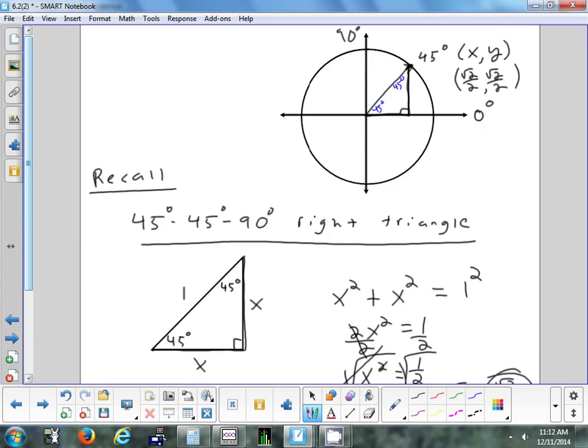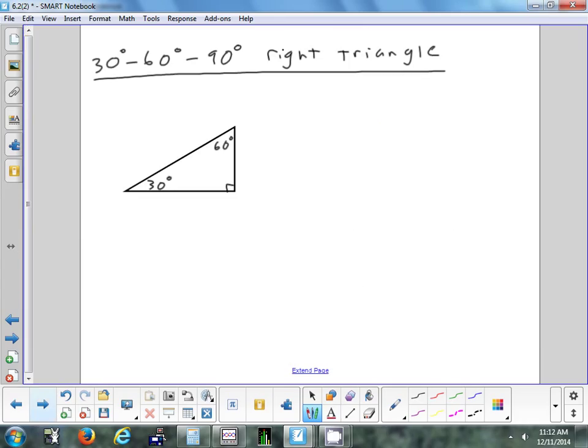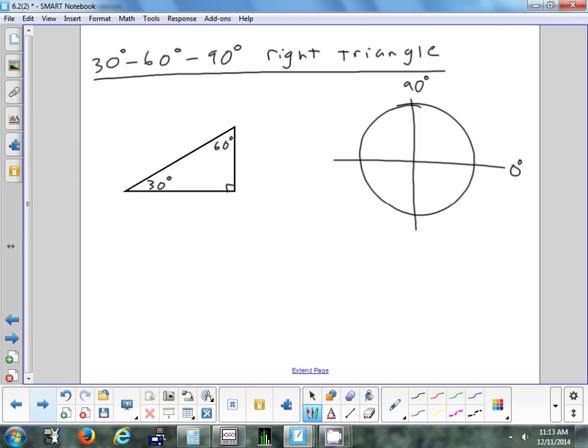Okay, let's take a look at the 30, 60, 90 triangle. Before we get into examples, let's figure out what the coordinates are for 30 degrees and then 60. So here's 0, there's 90, and 30 degrees would be about there, less than half. I'm going to draw in my hypotenuse, and draw a perpendicular straight down to the x-axis.